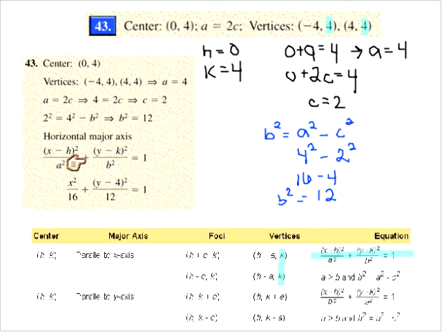So when I go to write my equation, I'm going to use this formula here and plug in what I know. I know h is 0, so that's how I get x squared over a squared, which is 16, plus y minus 4, because k is 4, squared over 12 equals 1. So here is my equation for that one.